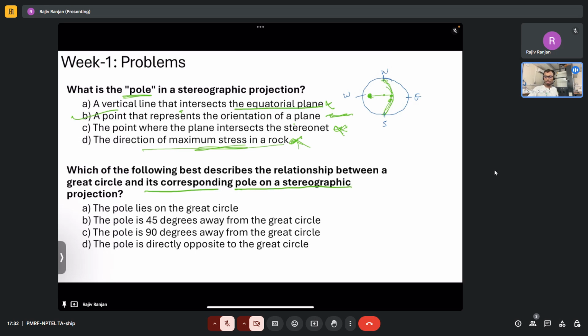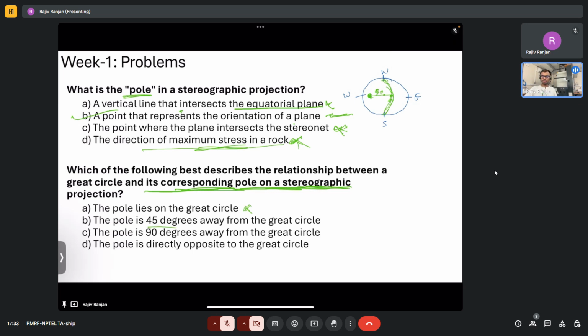So we learned here that the distance between this point and the actual plane is 90 degrees. The pole lies on a great circle? It's not always true. It can lie anywhere in between, and of course it lies, but that is not the relationship between a pole and a great circle on a stereographic projection.